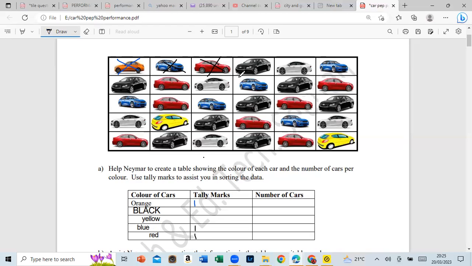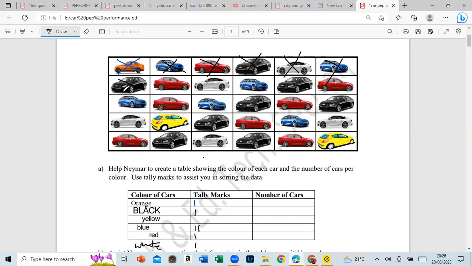Black. White, which I never had, so I put the white over here. So we have one white, one blue, so we put one. Next row now.